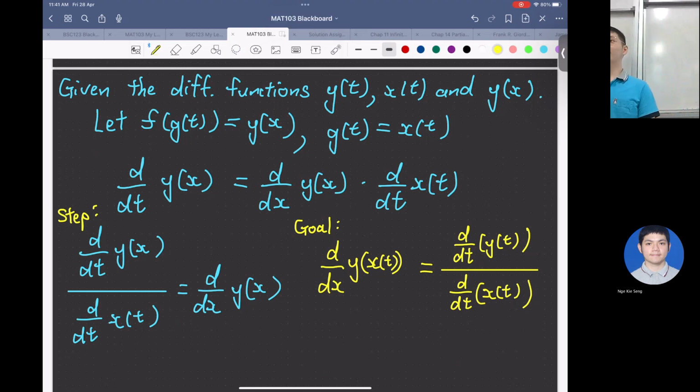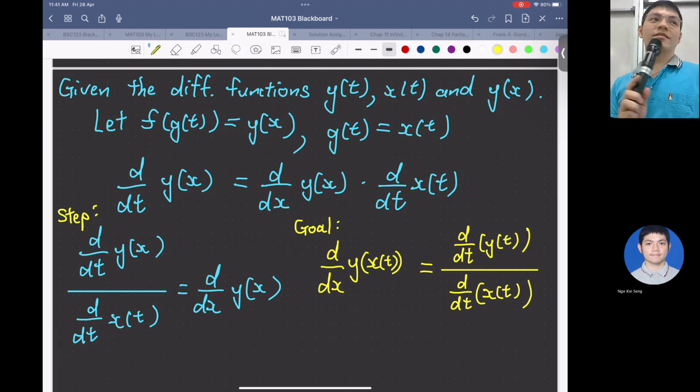I try not to give you the full answer. I try to make you figure out the answer yourself, because this is typically what you meet when you do homework at home. You always make mistakes, right? So how do you fix yourself? Can I change the x to t? One is y as a function of t, one is y as a function of x.